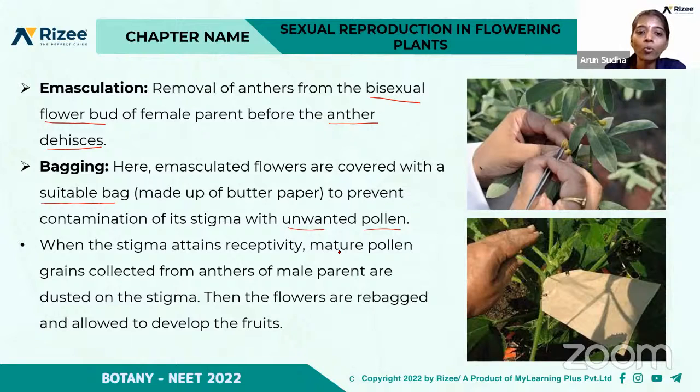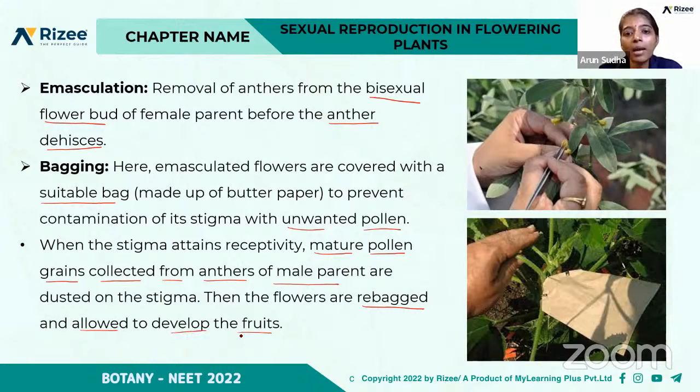Those mature pollen grains are collected from anthers of the male parent. They are dusted on the stigma, so we remove the bag and dust it over the stigma. Then the flowers are again rebagged, sealed, and allowed to develop the fruits, right?